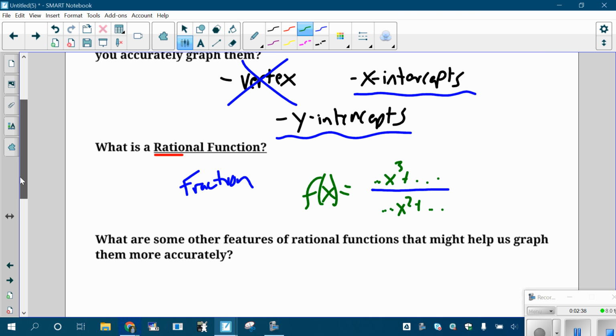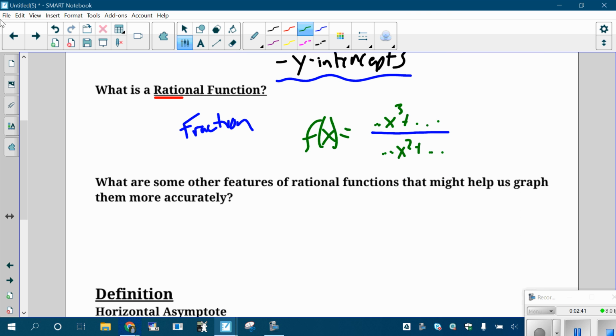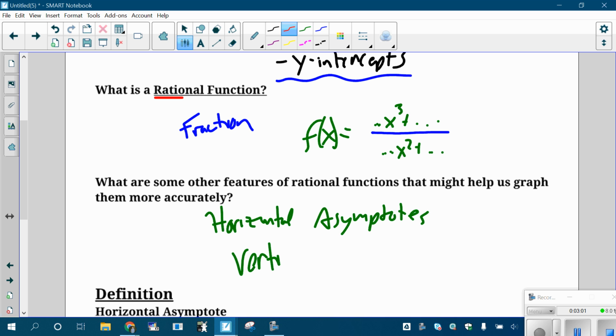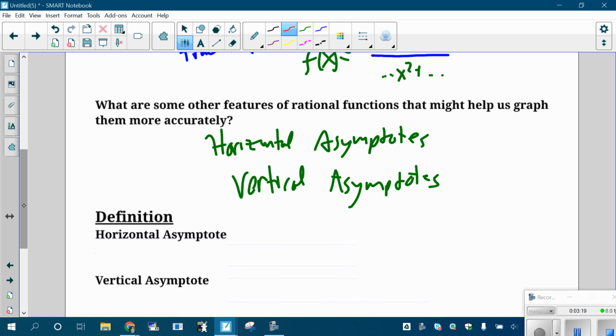Now, there's a couple of other features of rational functions that are going to help us graph them, and they're kind of unique to rational functions. The biggest two things are they have horizontal asymptotes and vertical asymptotes. Now you might remember just from last learning check what an asymptote is. An asymptote is a line that a graph gets really close to but doesn't touch.